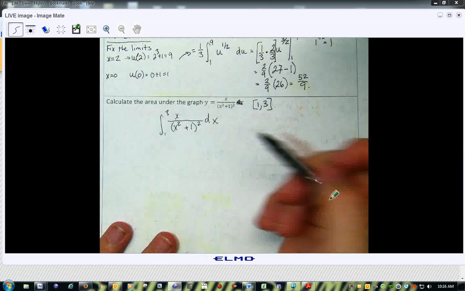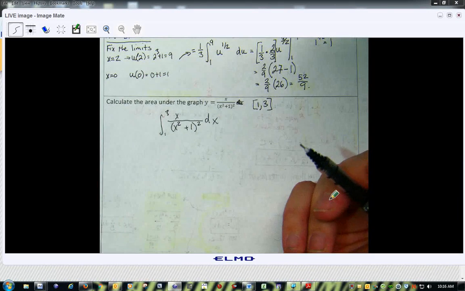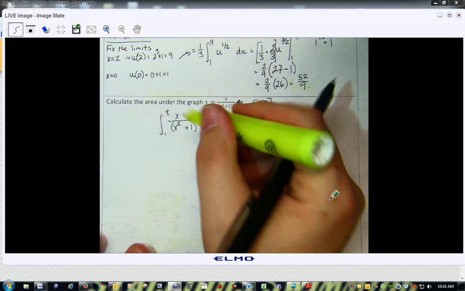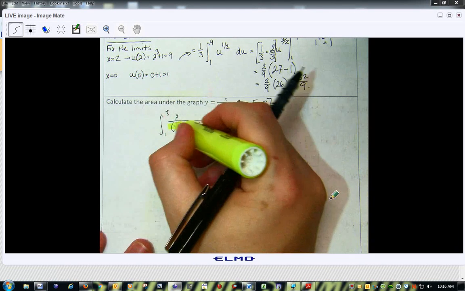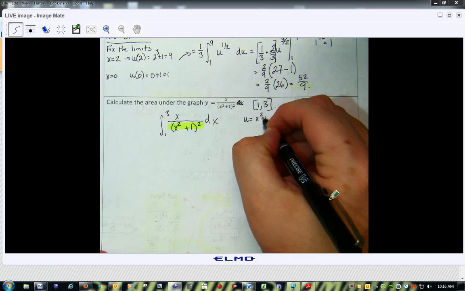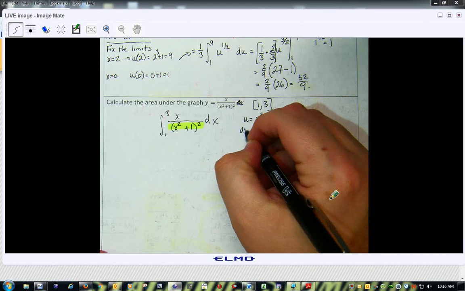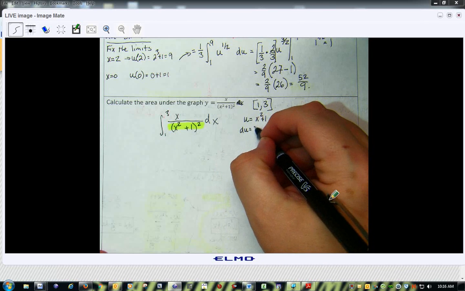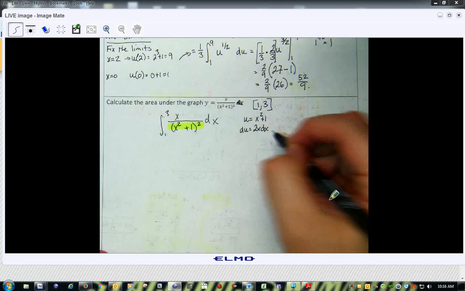Now, what's the more complicated thing, the x or the x squared plus 1 quantity squared? Yeah, the bottom. So u is going to be x squared plus 1. What's my du? 2x dx.